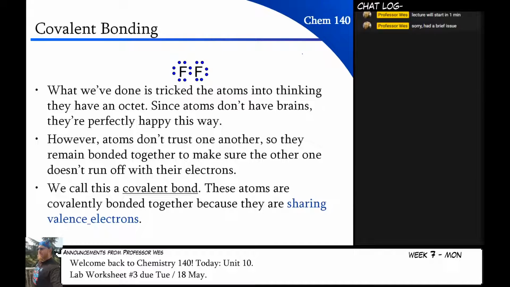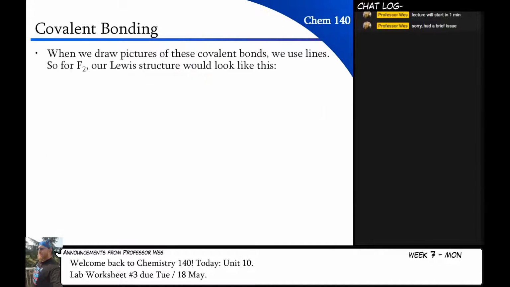Now, we don't really draw all of these dots in the middle as shared because putting a lot of dots there gets cumbersome. So what we do is we replace shared electrons with a line. Anytime you see a line, that is the equivalent of 2 shared electrons. That's these right here.